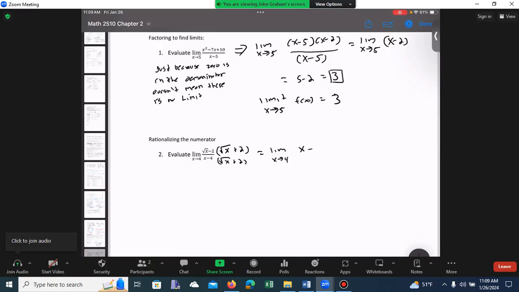Negative 2 times 2 is negative 4. And this is why we don't FOIL out the bottom. You can see that the x minus 4 cancels. So you have limit as x goes to 4 of 1 over square root of x plus 2. Now we can plug in the 4 directly. You get 1 over square root of 4 plus 2. And 2 plus 2, which is root 4.